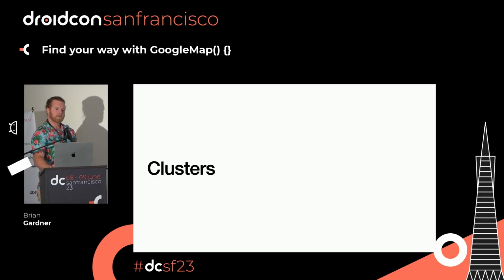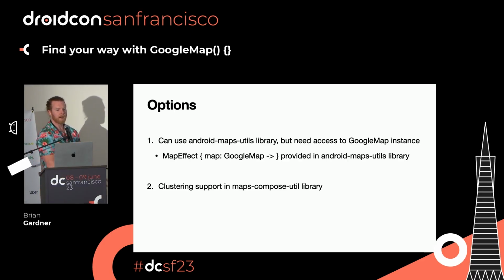So clusters. There's a couple ways that you can handle this. One is you can use the Android Maps utils library. This is kind of the standard with the framework map view. The problem with this, though, with the Compose version is you need an actual reference to the Google Map object.